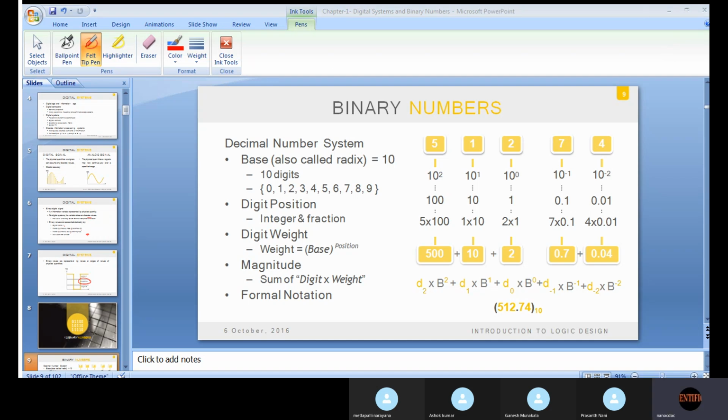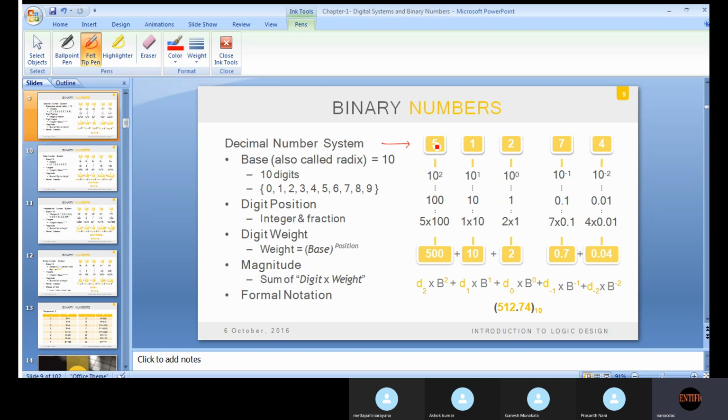Okay, we can see binary numbers. We have binary, octal, hexadecimal, and decimal numbers. In the decimal number system, normally we represent a number like 51274.